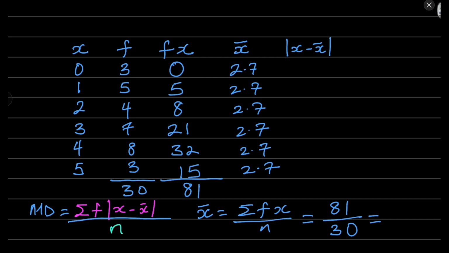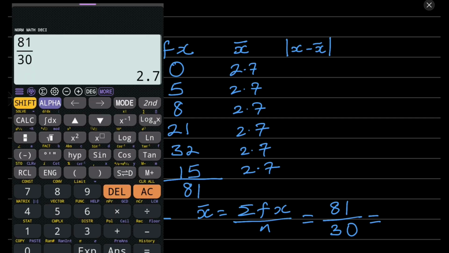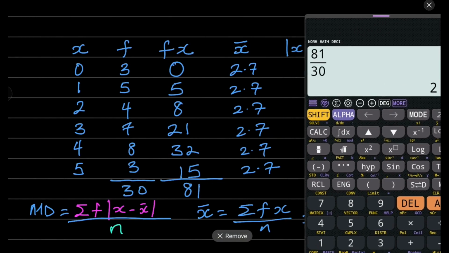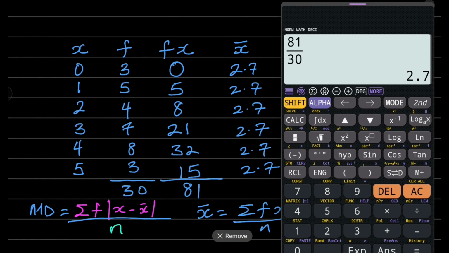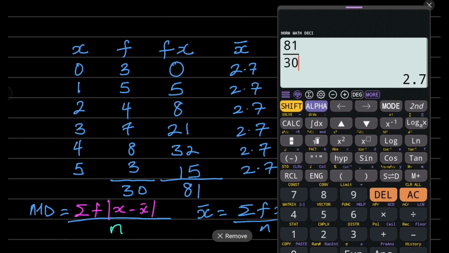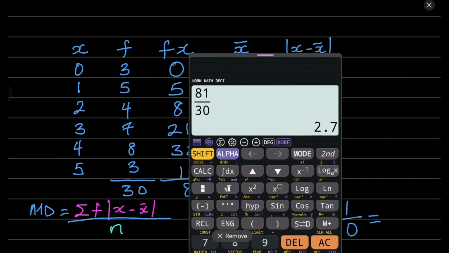Alright, so we have 0, which is the x, minus 2.7. 0 minus 2.7 is minus 2.7. Okay, let me just bring out the calculator. I'm going to be blocking the screen.